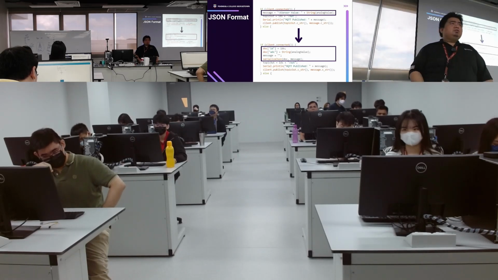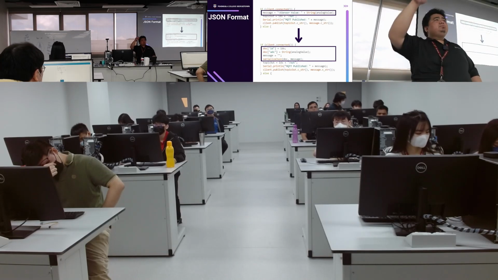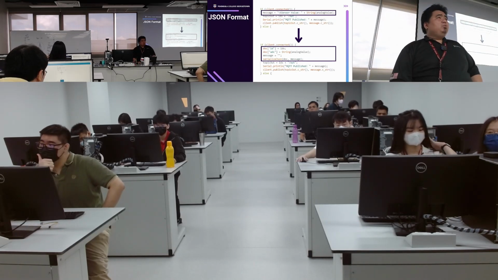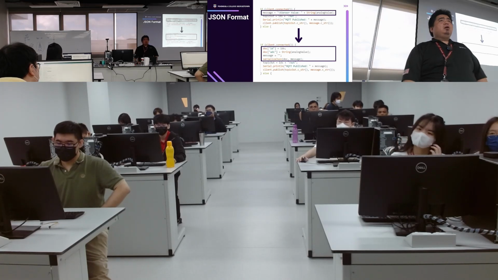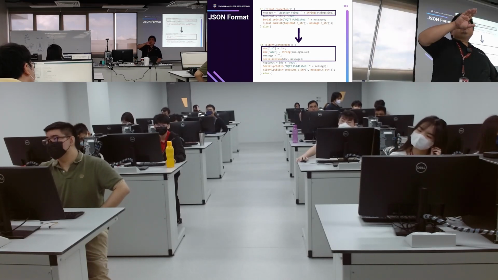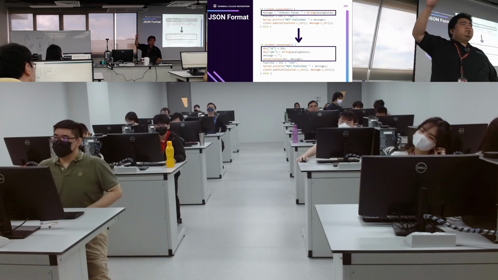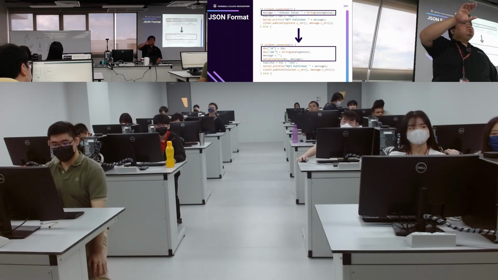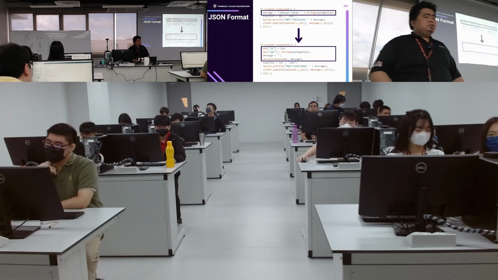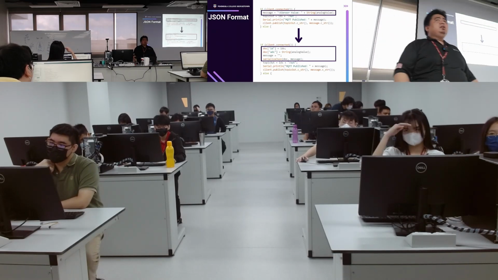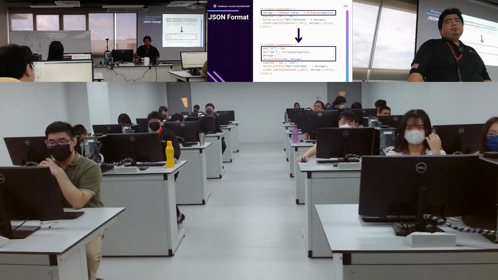It is not very friendly if you just display numbers. We want to make it more user friendly. But how do we do it? We want text for the text display. We want numbers for the gauge. How do we separate this kind of thing? So that's where the JSON format comes in, right?